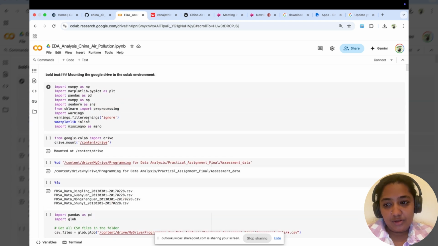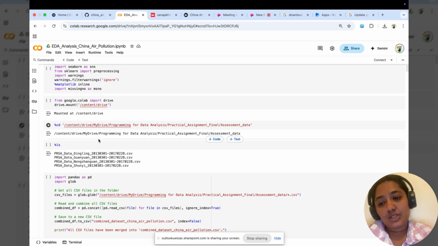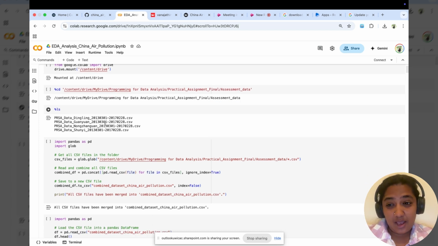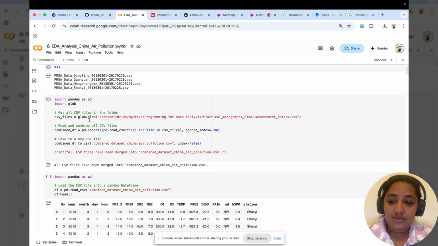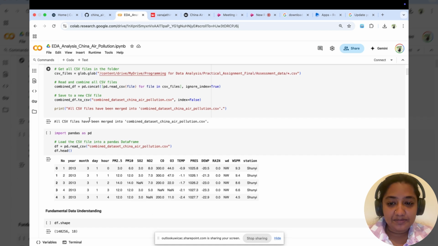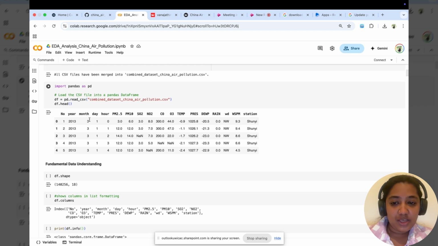Here we are importing the libraries and giving permission to access our drive to access the data, and I have selected four places. I have added the CSV files and I am merging them into one, which I named the combined dataset China Evolution.